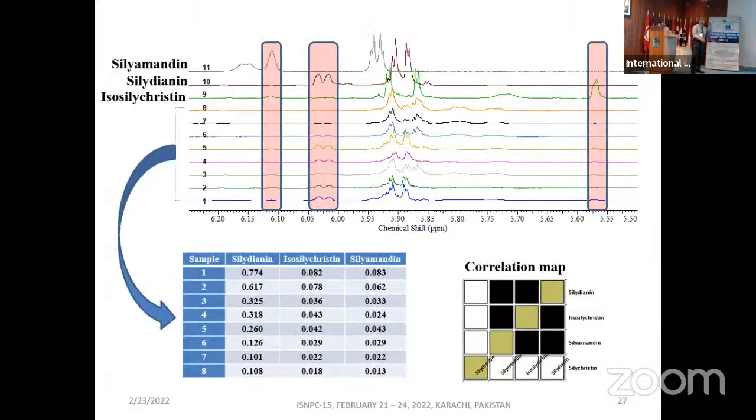We went back to search our quantitative NMR data. We stacked the spectra together, and we looked for the peaks of seli-amandine. Of course, we first isolated seli-amandine and then got its pure spectra. And then we found a very good correlation between this compound and both silidimine and isosilicrystine.